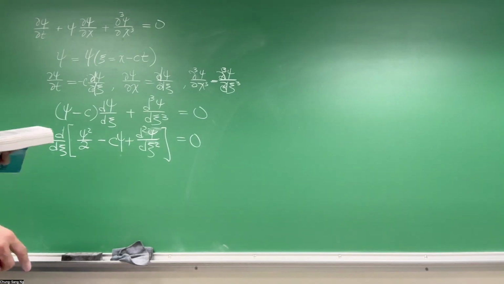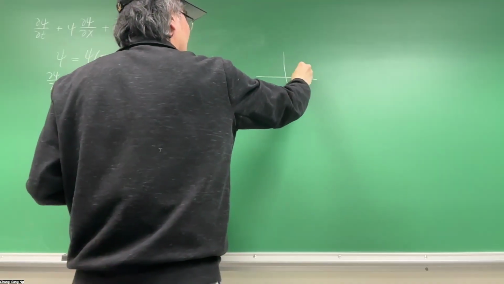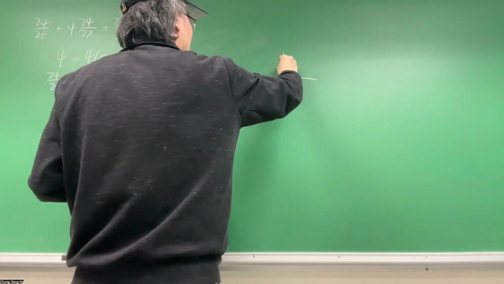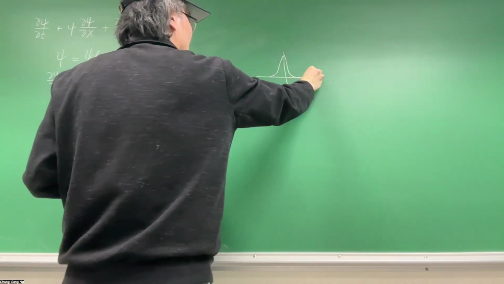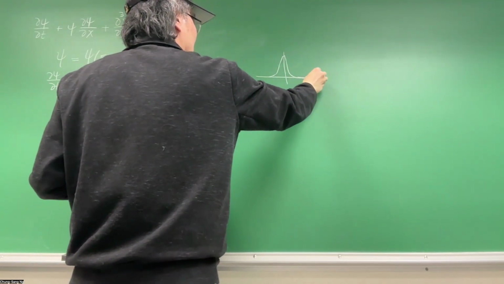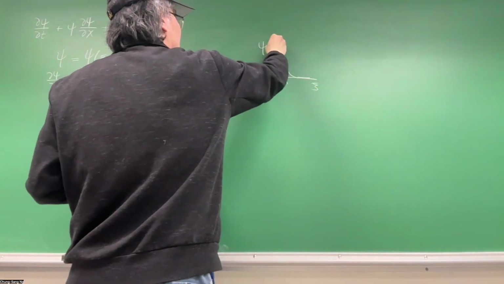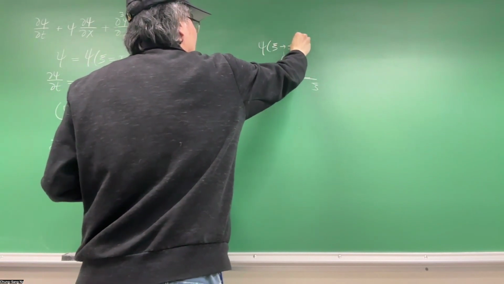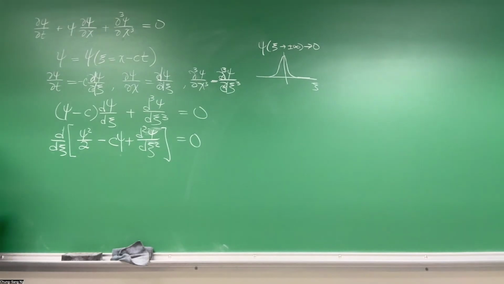And now we use our boundary condition. We require this solution to be 0 at infinity. So initially we set it centered at a certain origin. But as ξ goes to plus or minus infinity, you require ψ at plus or minus infinity to equal 0. So that's the boundary condition for this kind of solution, right?